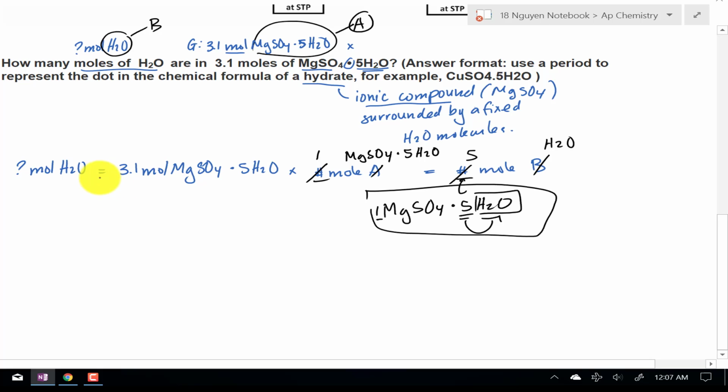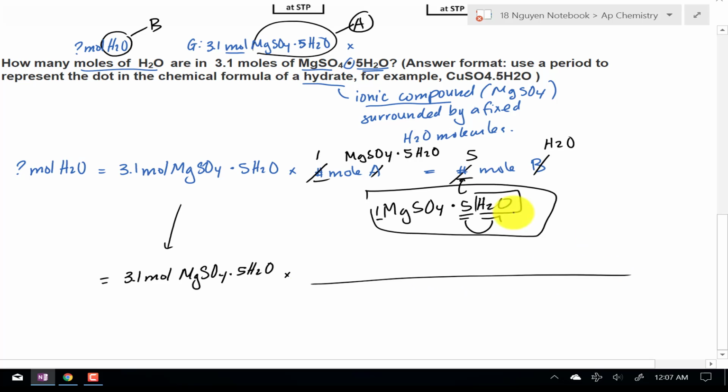So again, please copy this work down because this allows you to understand how the problem works. The easiest part is to rewrite this and simplify, which most of you copy, but you ignore this whole entire important thing. So please copy this down again, and we have 3.1 mole of MgSO4 times 5 mole of H2O. And that's our given right there. And now I just rewrite my conversion factor that I'm going to multiply by as a fraction.